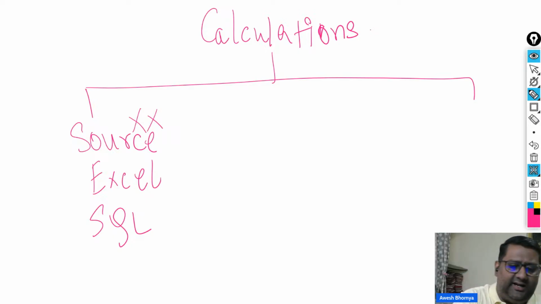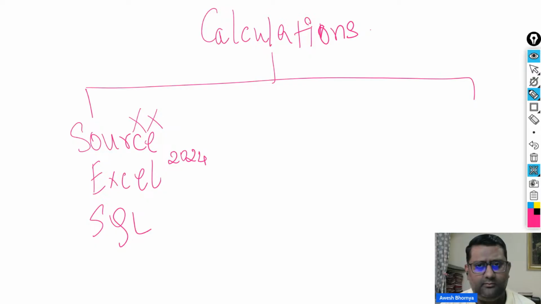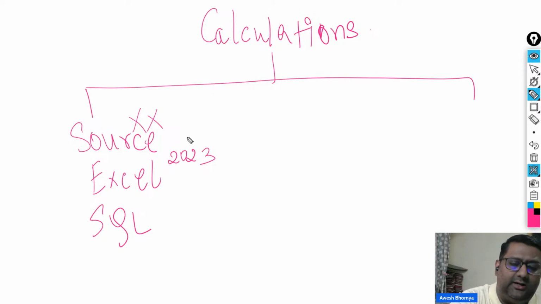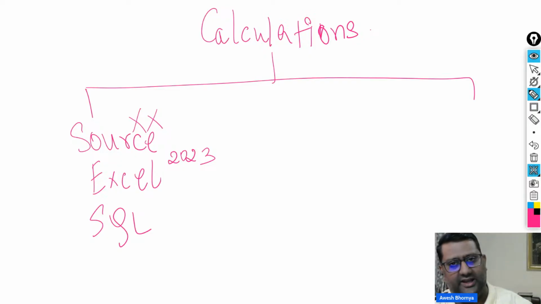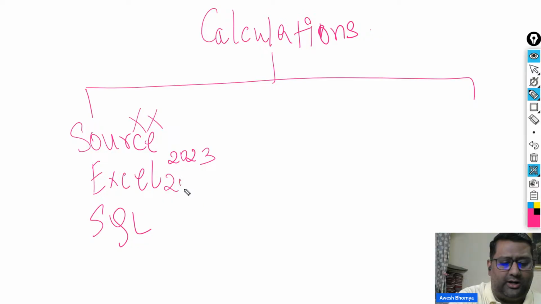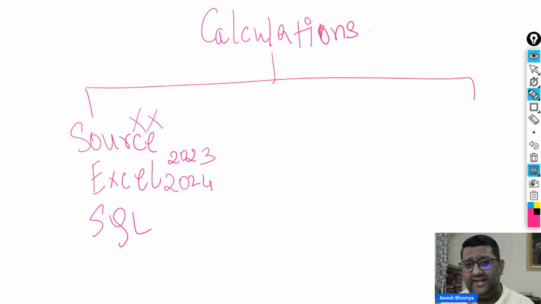Let's say I have 2023 data, and since the year 2024 has already finished, I want to import the 2024 data into Power BI. If I have already created a set of calculations in the 2023 data, I will have to open up 2024 again and perform exactly the same calculations.